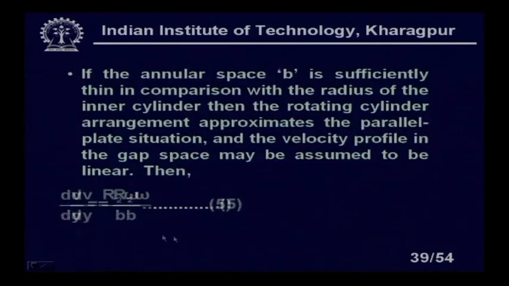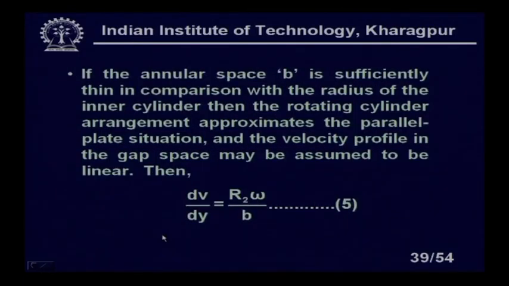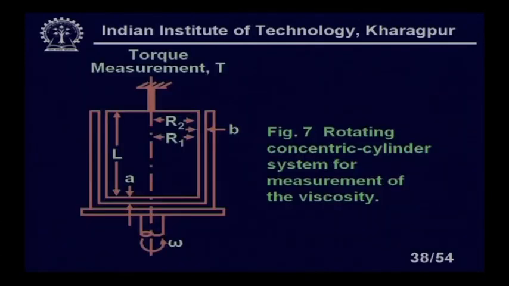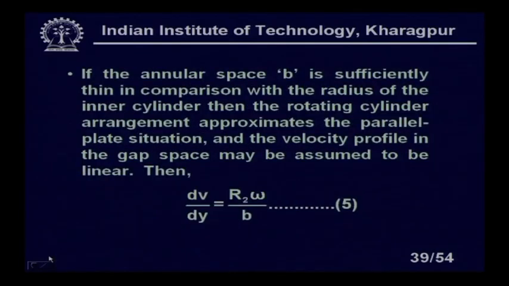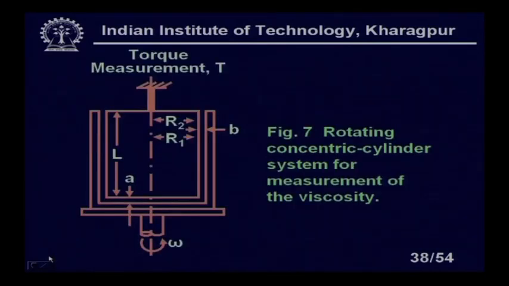If the annular space B is sufficiently thin, then we can write, actually let me go back. If you look at this, R1 will come to this position, right. Now, R2 from the center should come to this one.